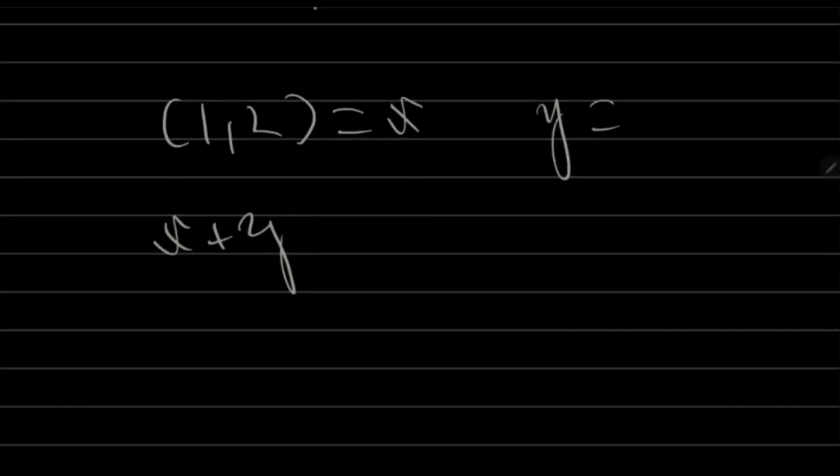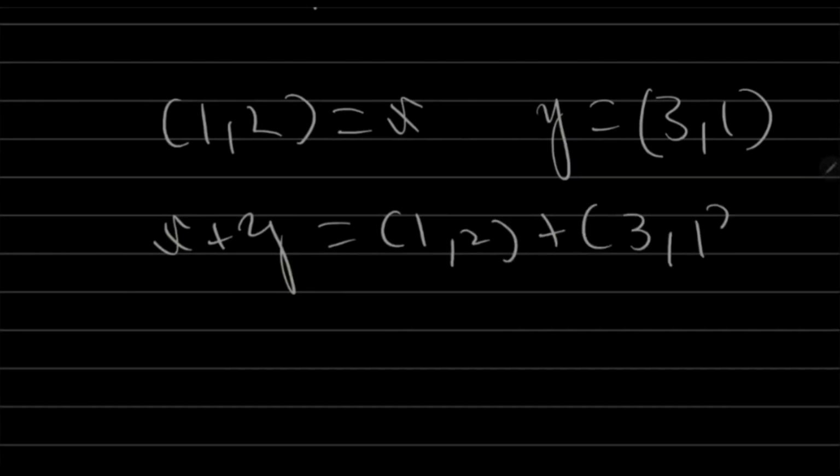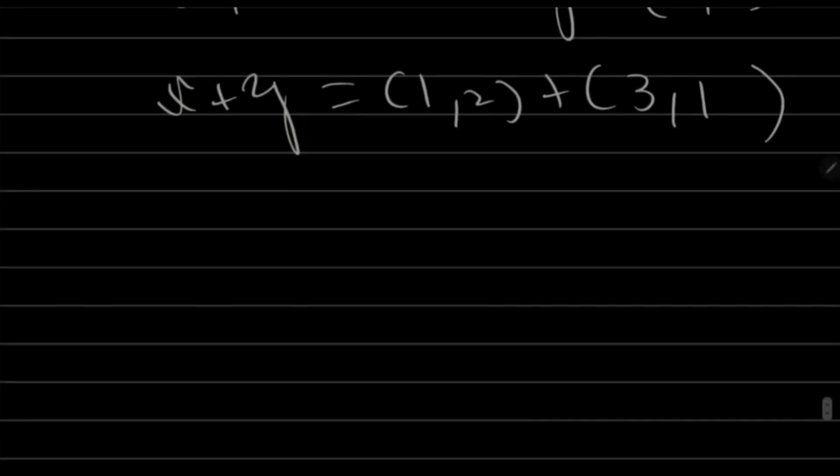Sometimes when we have a vector in a vector space, we write it as a shorthand variable. So if I had x plus y, where x equals 1, 2, and y equals, say, 3, 1, this is equivalent to 1, 2 plus 3, 1. And we define an addition on two vectors.